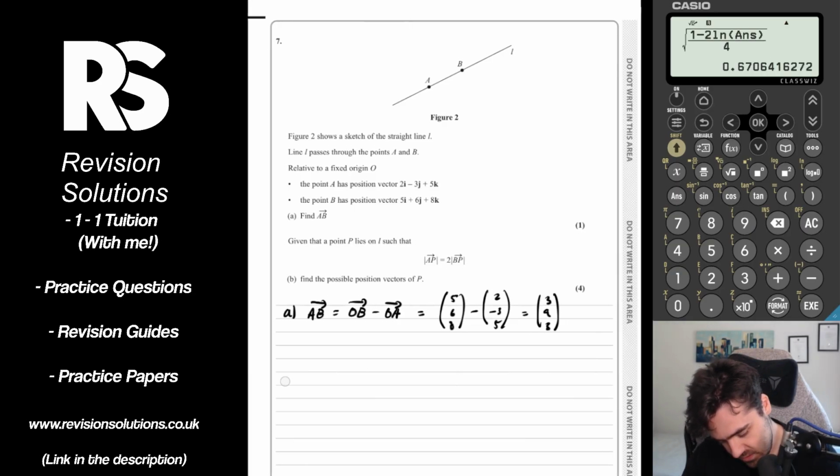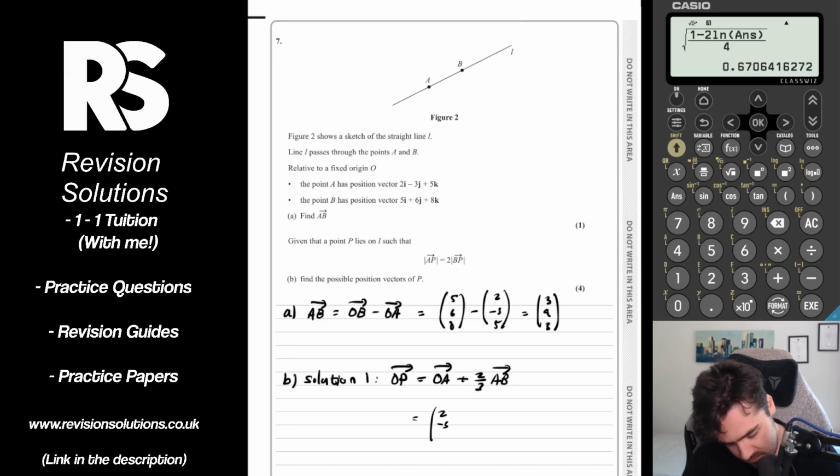Let's call it solution 1. The position vector of P is, well, first we'll go to A, that's O to A, and we'll go 2/3 of the way to B from A, so 2/3 of A to B. So that is (2, -3, 5) plus 2/3 of (3, 9, 3).